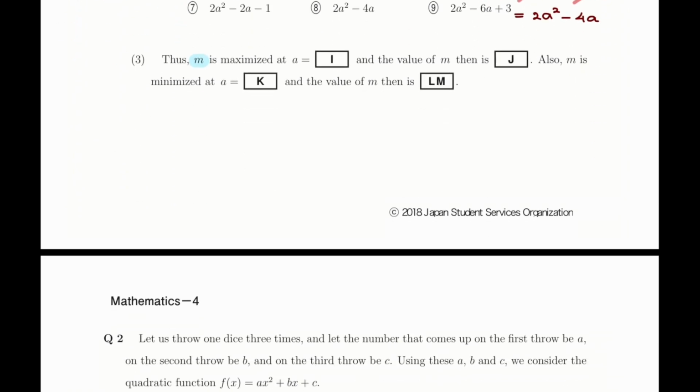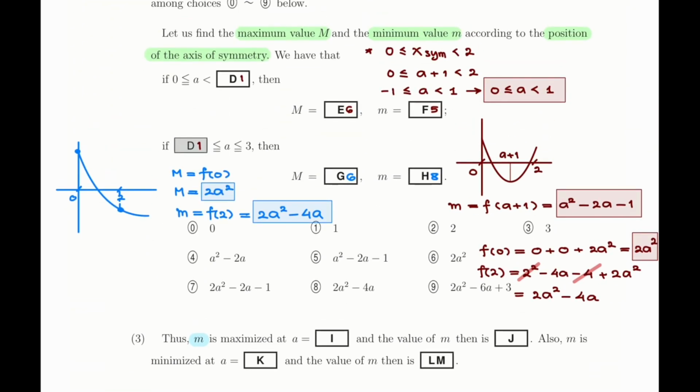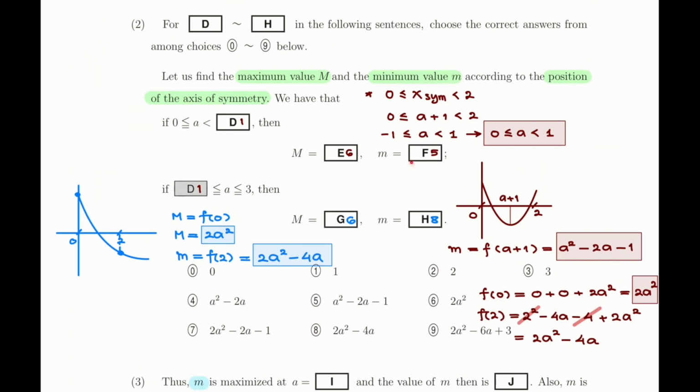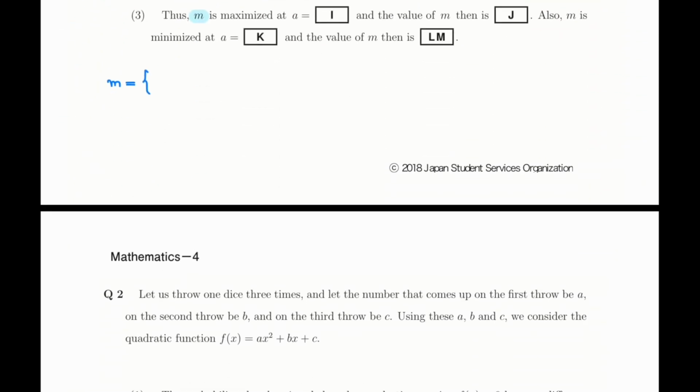So if I write down my lowercase m, I can express it in a piecewise function. The first function is from a equals 0 until 1. The function of m is number 5, which is a squared minus 2a minus 1, from 0 until 1.